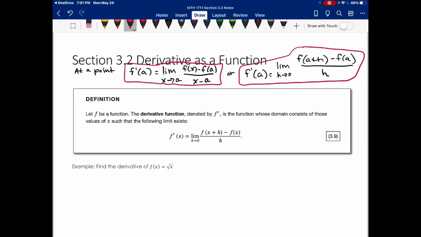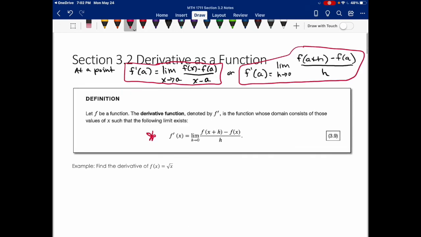So now it seems reasonable to conclude that if we know the derivative of a function at every point, we could produce valuable information about the behavior of a function. So we would have the actual function, and then we could plug in points and would give us the derivative at that specific point. So that's what this definition is.